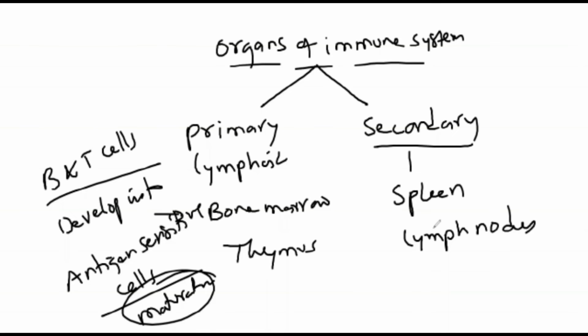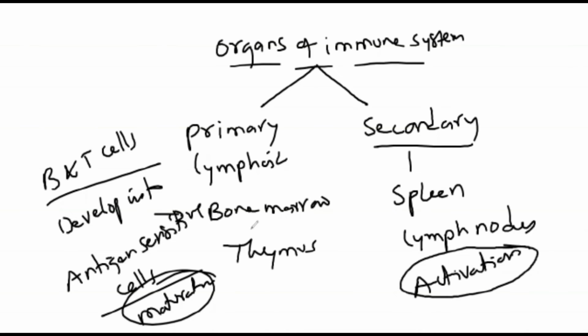Whereas in secondary lymphoid organs, we can observe the activation of immune cells like B and T cells. What happens in this particular area?